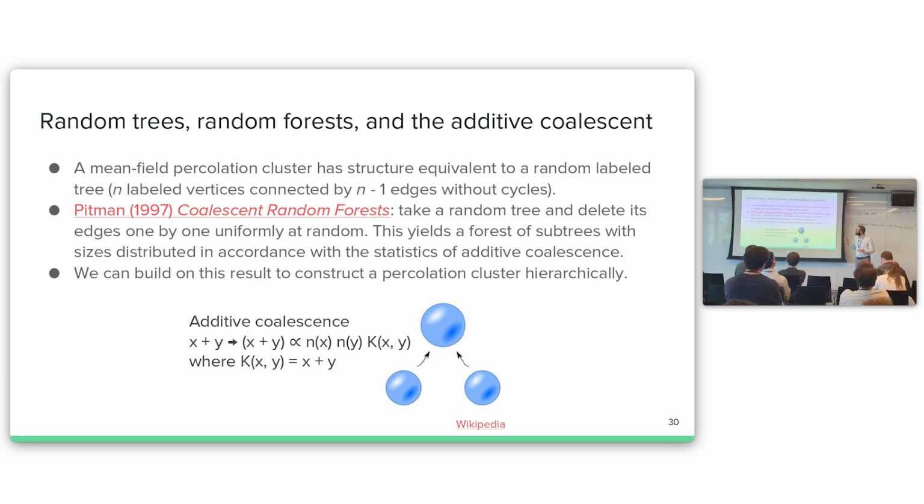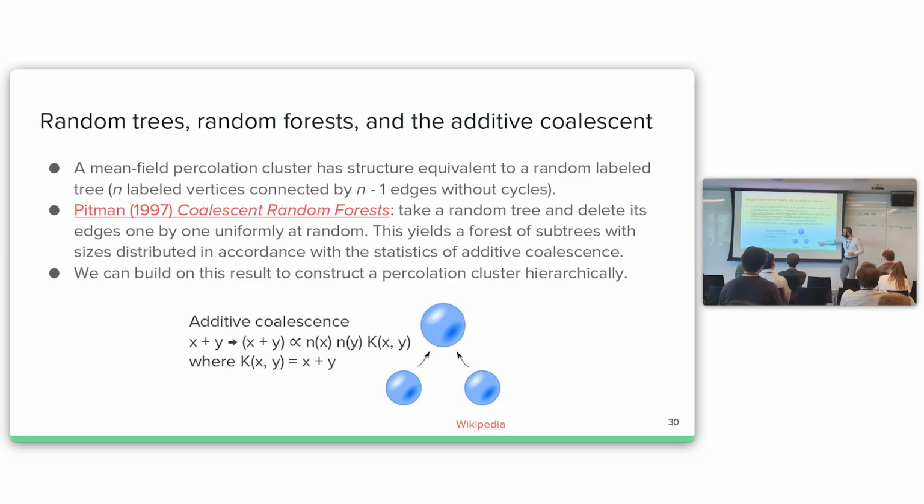So if you take a random tree and delete its edges one by one uniformly at random, this will give you a forest of subtrees, and the sizes of those subtrees are the same as those of the clusters in an additive coalescent process.